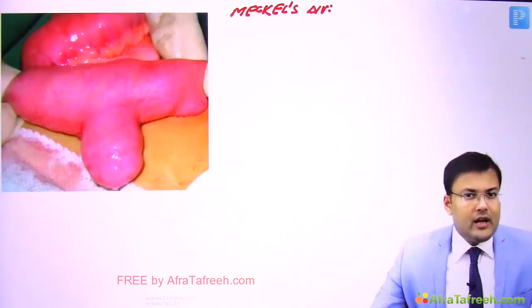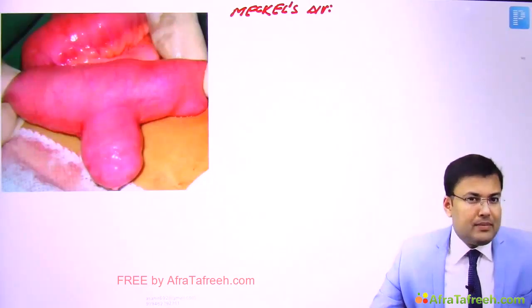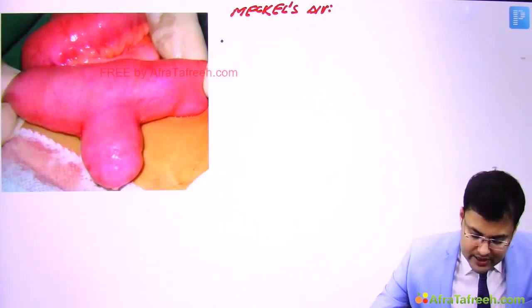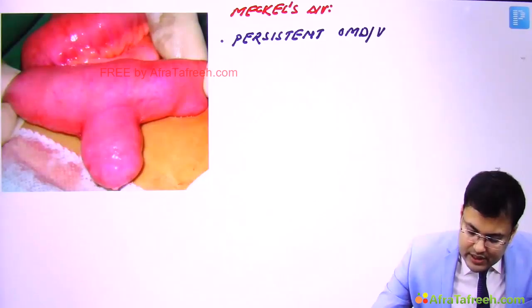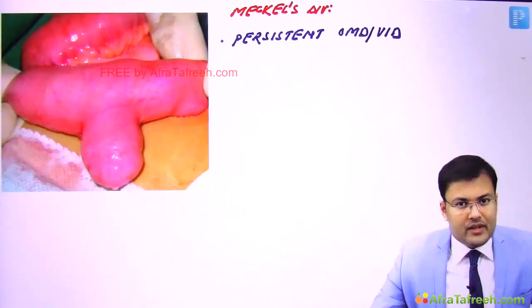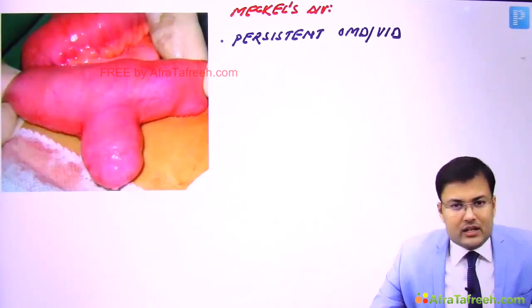So you know, Meckel's diverticulum is caused by persistent omphalomesenteric duct, which is also known as vitellointestinal duct. Right, now just see the questions related to anatomy.